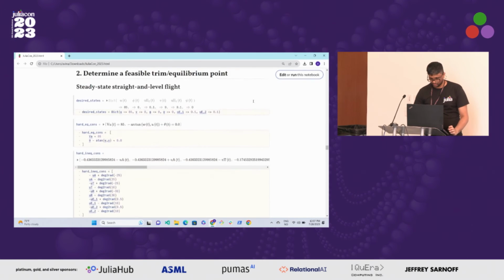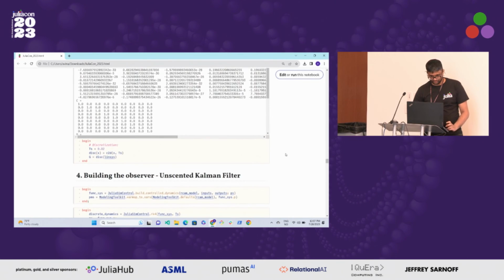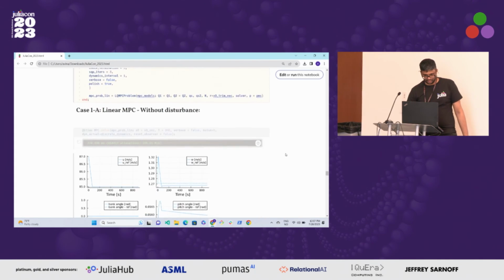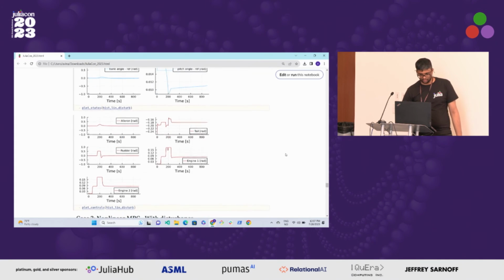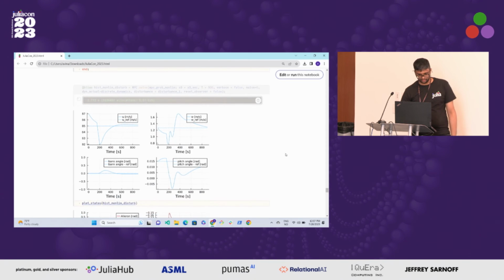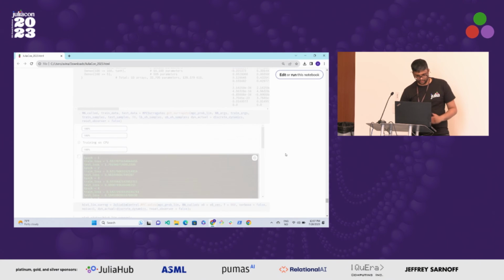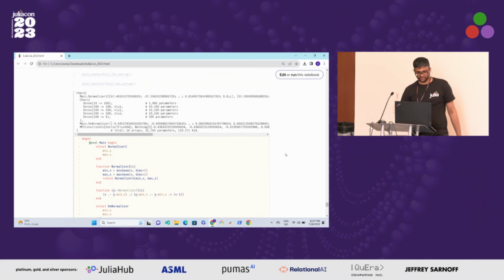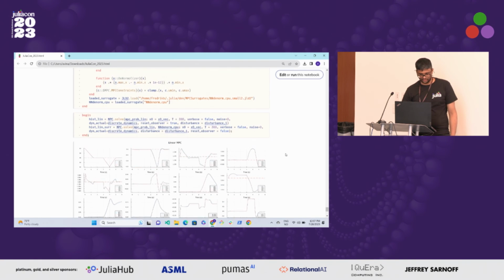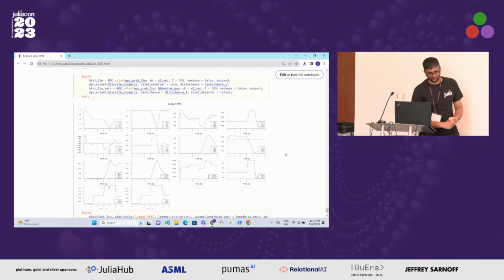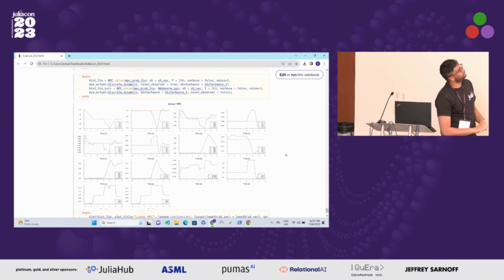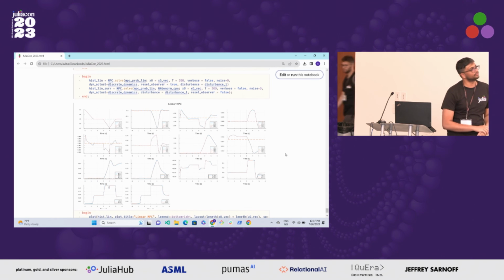To quickly show the procedure of the above steps, we could have linear MPC, nonlinear MPC, and nonlinear MPC with disturbance, and so on. Then one can get the surrogate of the MPC here, and we can plot the results of the explicit surrogate law from MPCSurrogates versus the implicit one through the optimizer.